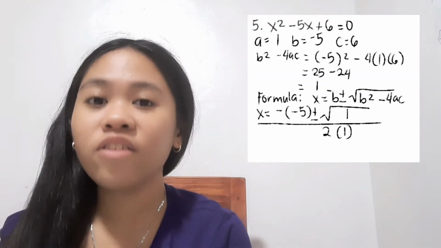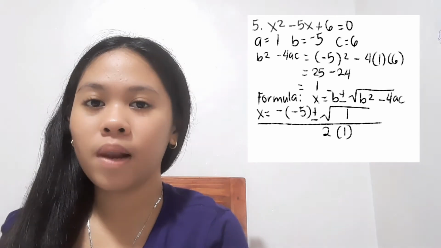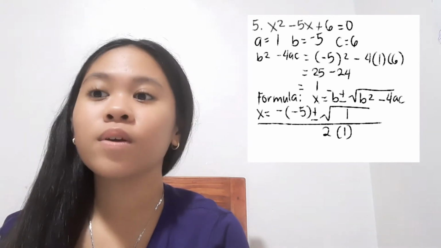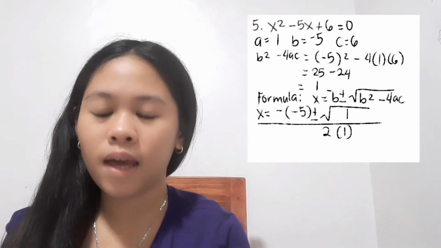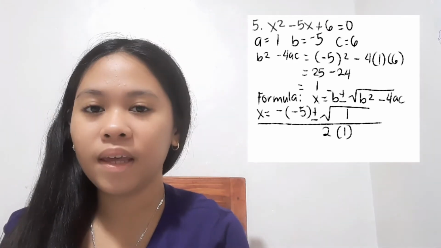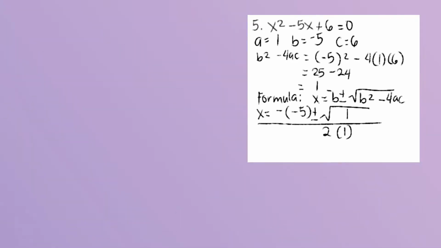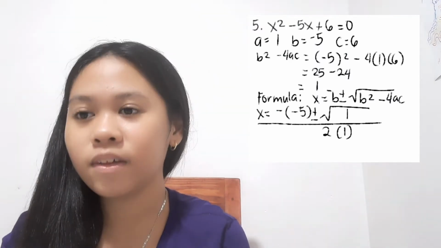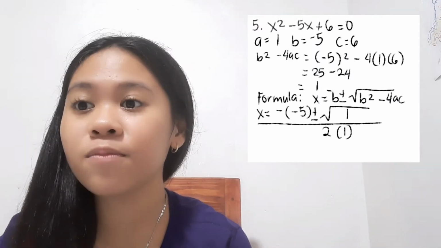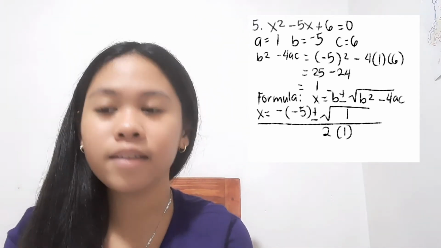And now for our last problem, we have x squared minus 5x plus 6 equals 0. First, take the value of a, b, and c. a is 1, b is negative 5, and c is 6. For the pattern, b squared minus 4ac is equal to negative 5 squared minus 4 times 1 times 6.